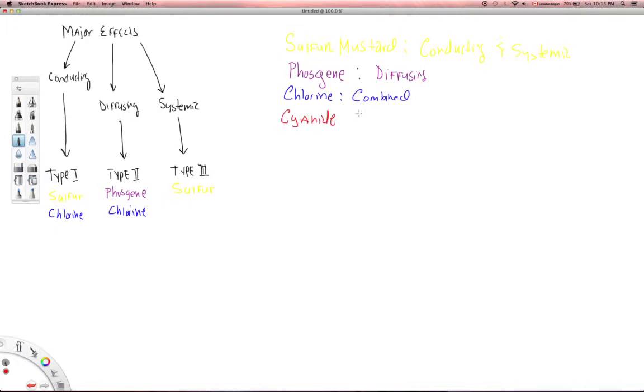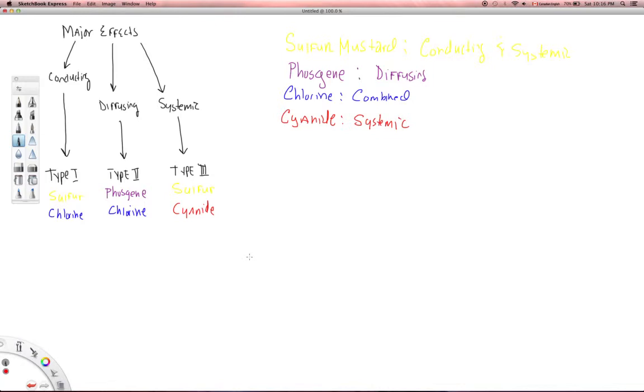Cyanide has significant absorption through the pulmonary tract, but its effects are certainly not isolated to the lungs, and it has profound systemic effects, because it causes decoupling of oxidative phosphorylation, and systemically affects your cells. So certainly cyanide would fall under the type 3 effects.